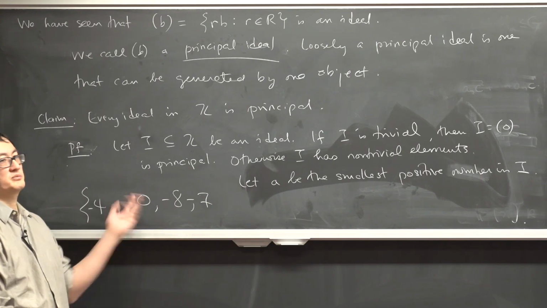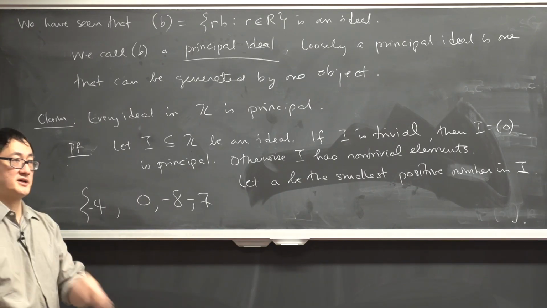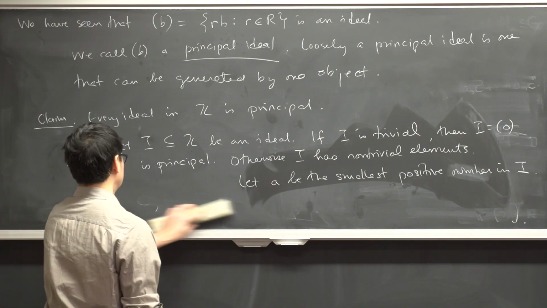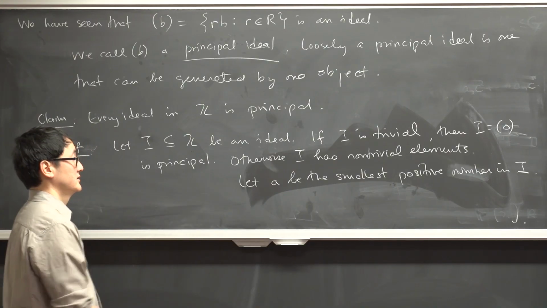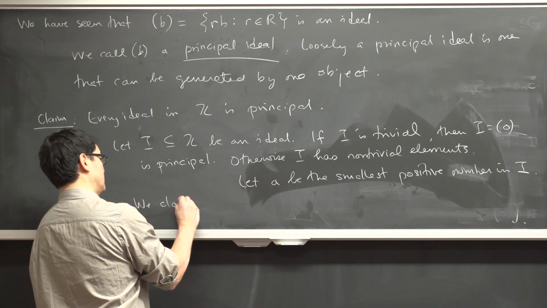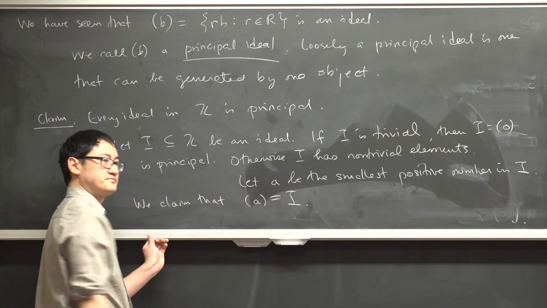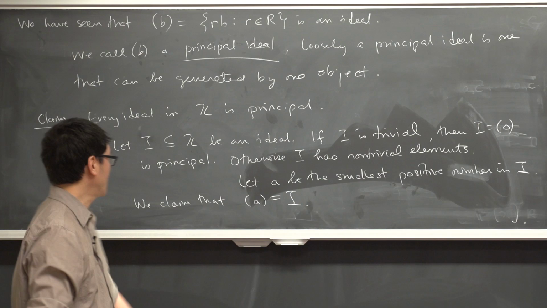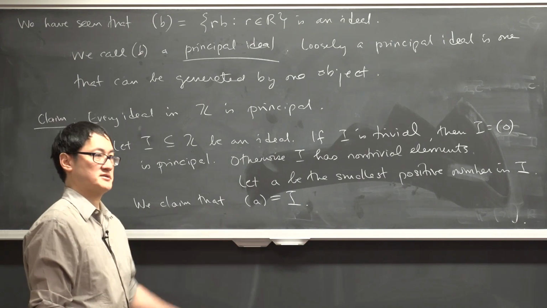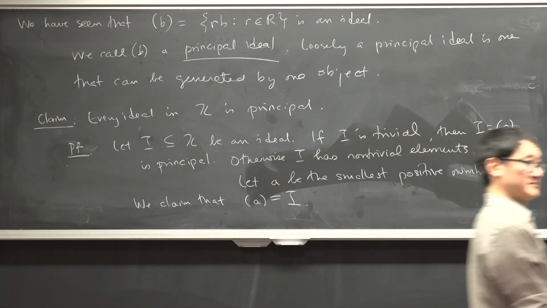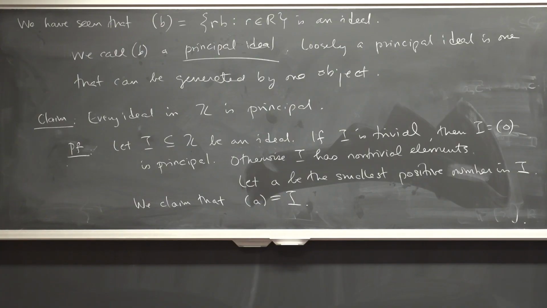So if you have a negative number, you have a positive number. There's always a positive number there. Okay? Make sense? Okay? So we claim that A equals I. So the smallest object generates all of I. Make sense? Okay?